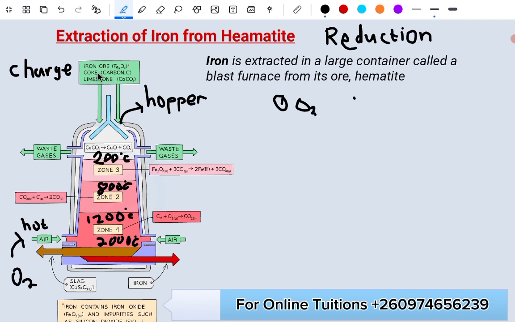Remember we said coke is simply carbon. And these two give us carbon dioxide. These are gases. This is in solid state. This is a gas as well.